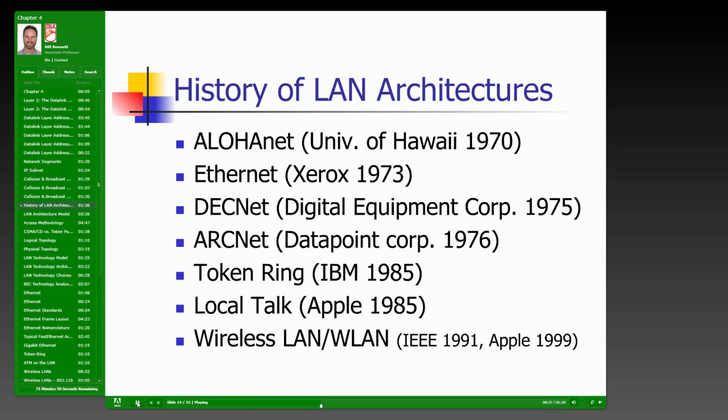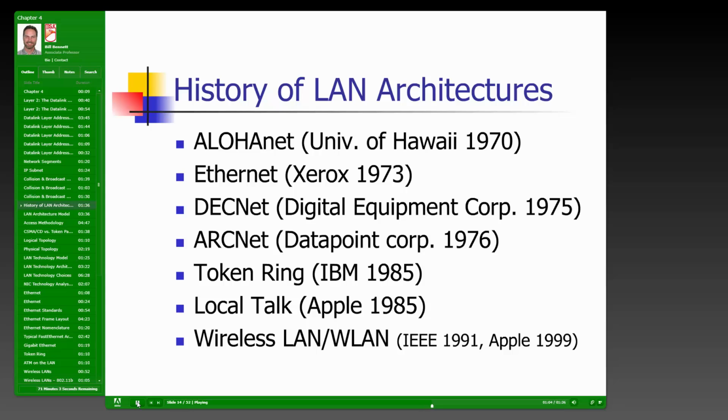Following that, in 1975, the Digital Equipment Corporation, who was very big in the mainframe environment and one of IBM's big competitors, developed the DECnet network. Then DataPoint Corporation in 1976, only a year later, came up with their own proprietary networking scheme called ARCNET. And then IBM in 1985 developed Token Ring.